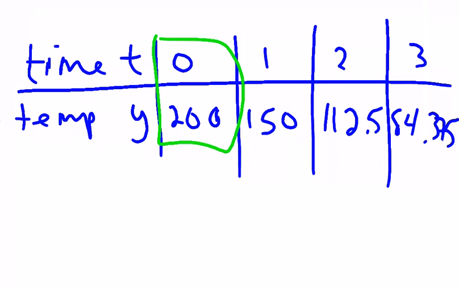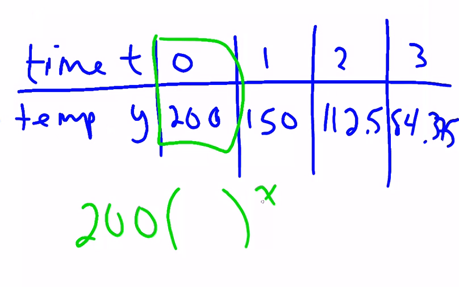Anything to the 0 power is 1, and they got 200. So that means they are going to have 200 times something to the x power, because if they plug in that 0 where the x is, that gives 1, and 1 times 200 would be 200.